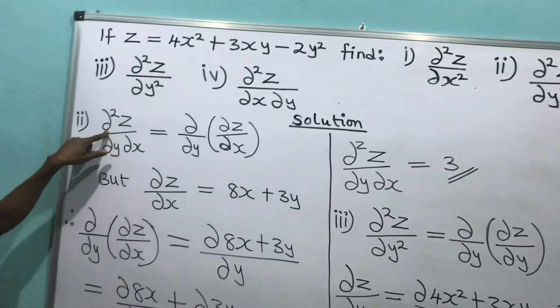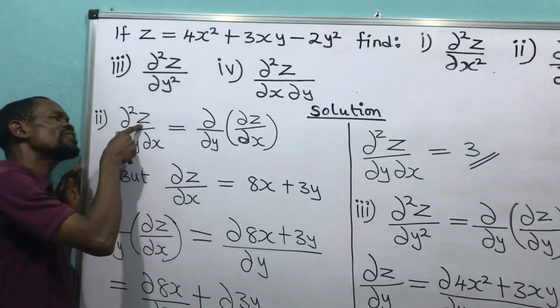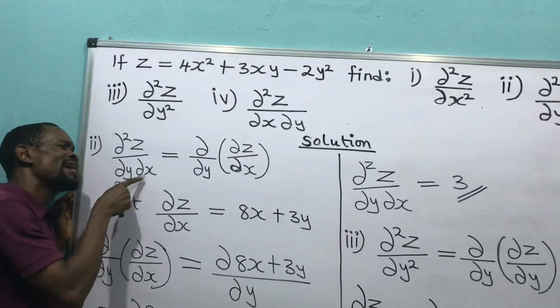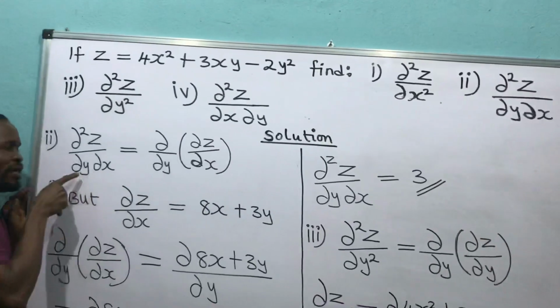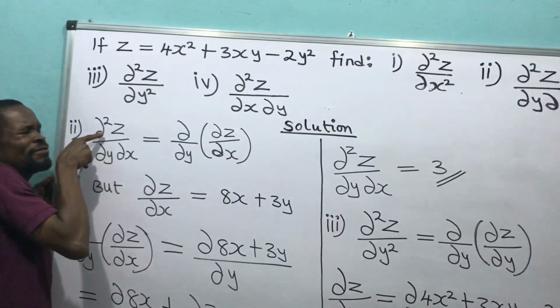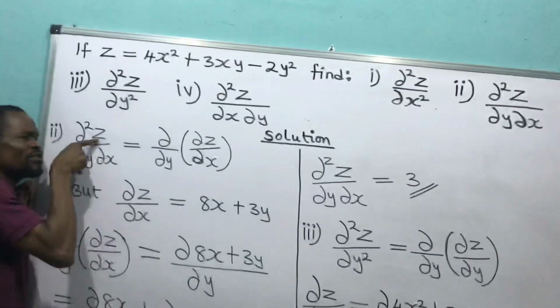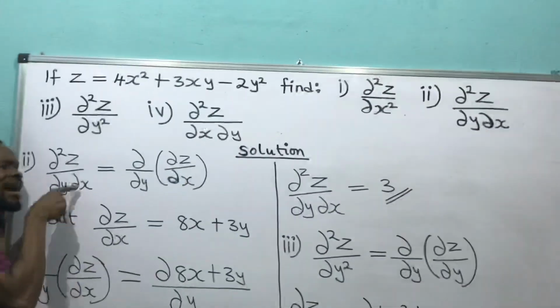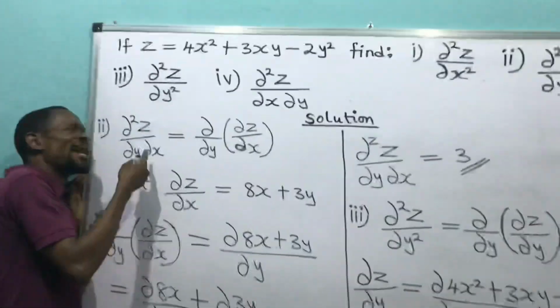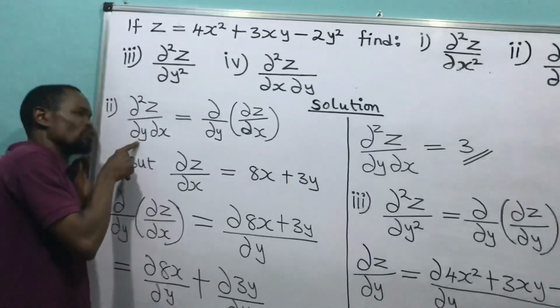Question number 2. The second derivative of z, that's the partial second derivative of z with respect to y and with respect to x. This means I should first get the partial differentiation of z with respect to x. After I have gotten that, I have to differentiate my result with respect to y.